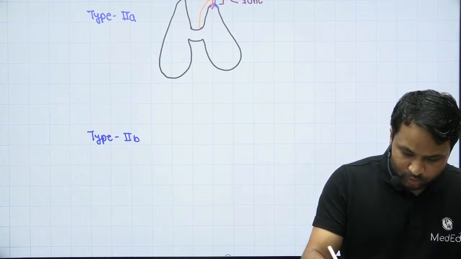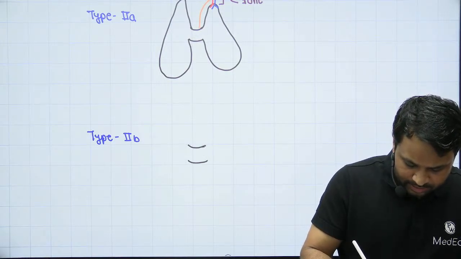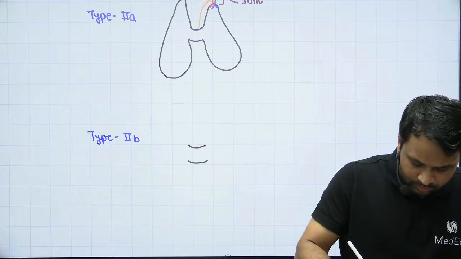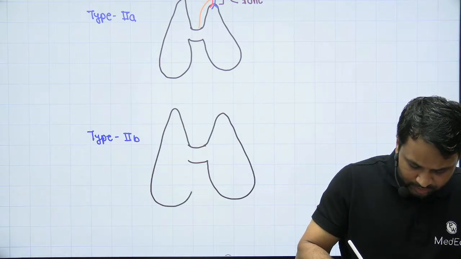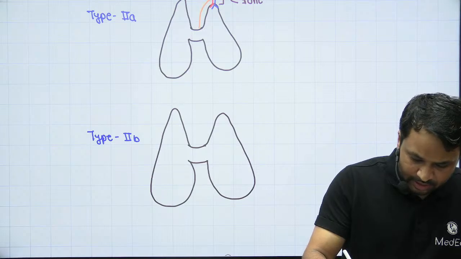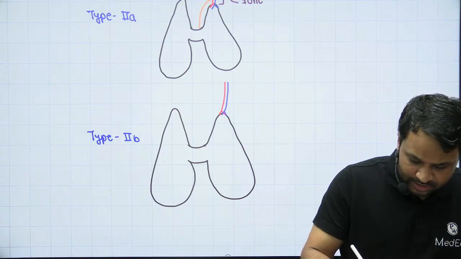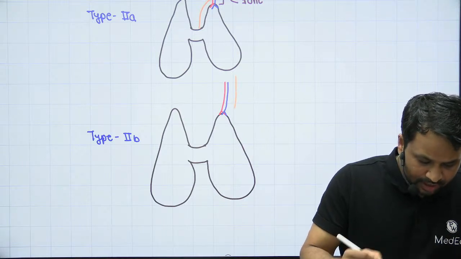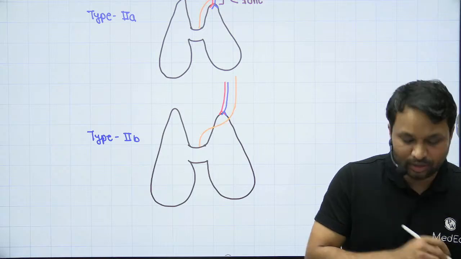Now in a type 2B variety, what is the probability that you have? Again, this is the isthmus here. This happens to be the lobe of the thyroid gland, and this is the other lobe of the thyroid gland. Here again you have the superior thyroid artery, then you have the superior thyroid vein, and this time you see that the superior laryngeal nerve does not cross the neurovascular bundle, it crosses the lobe and then goes across here.